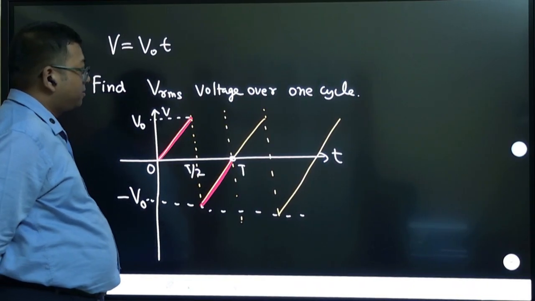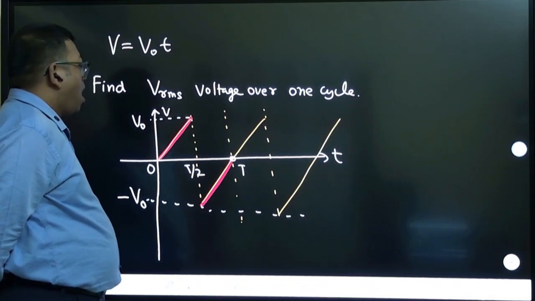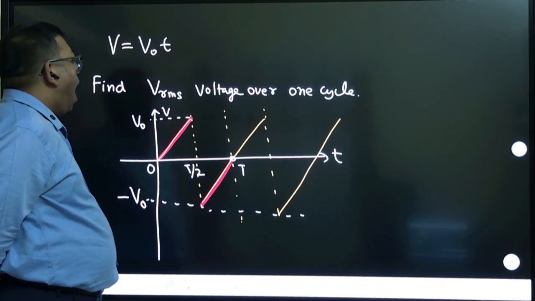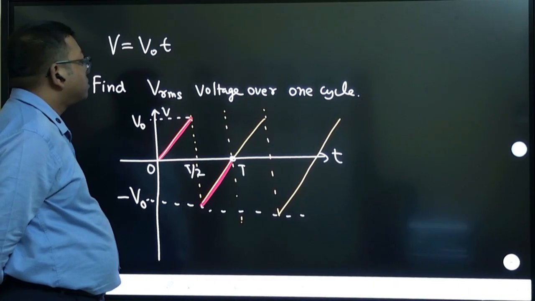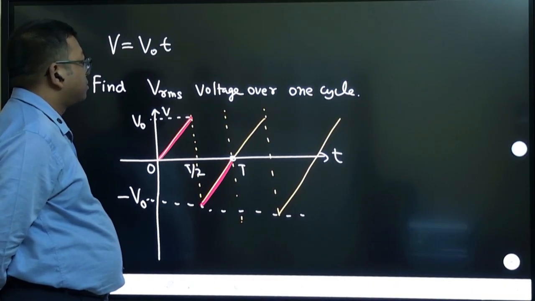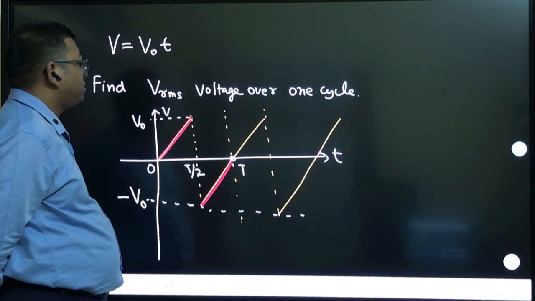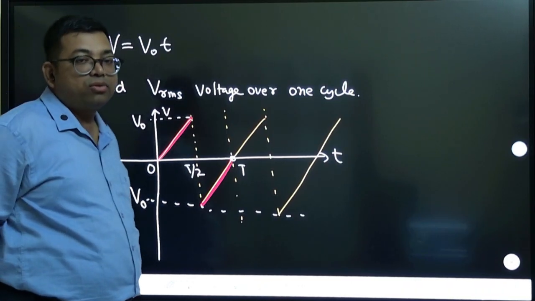Equation of a line, how do we calculate?